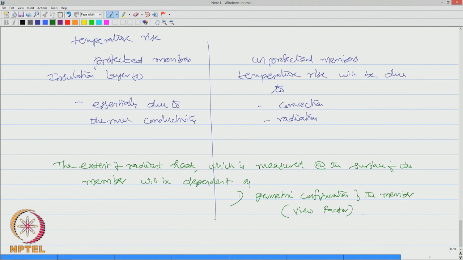Generally, the view factor is used as 1.0 in the design if the members are unprotected.